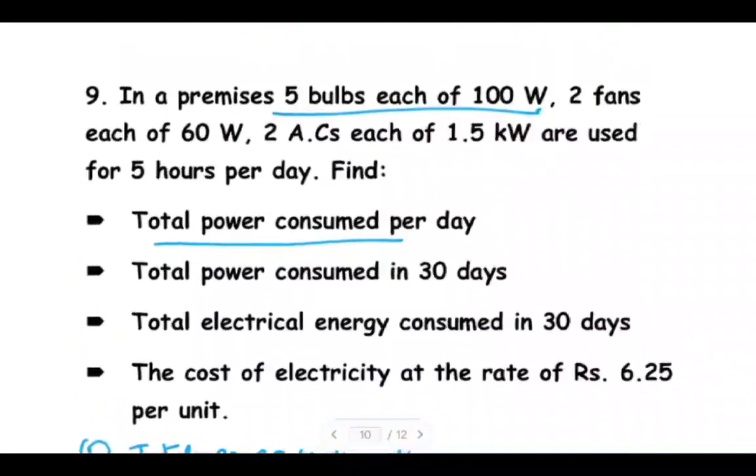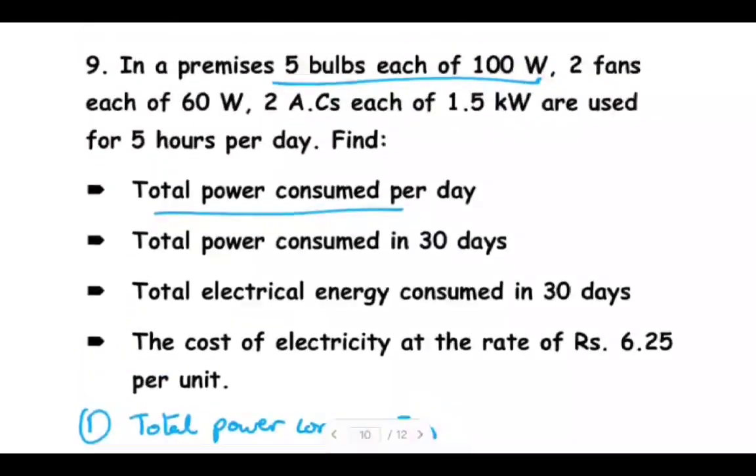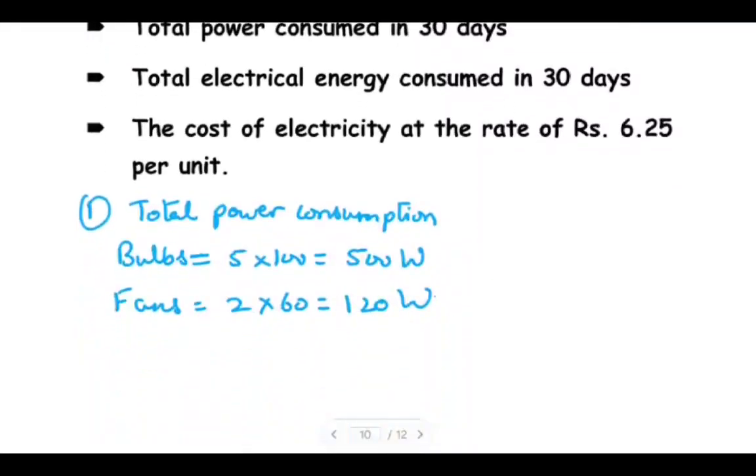Then 2 fans, 60 watts, which goes to 120 watts. Fans done. 2 ACs, 1.5 kilowatts.